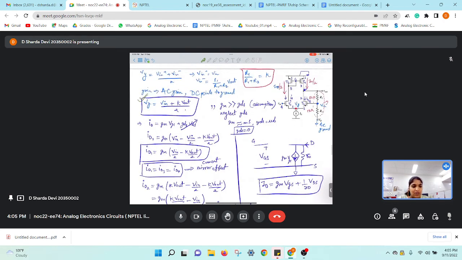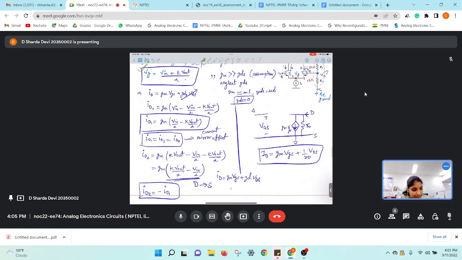We solved it for the input half circuit first. Then we applied the current mirroring so that we find the current for transistor T4. And again for transistor T2, we applied the same universal current equation. So that's what we did.